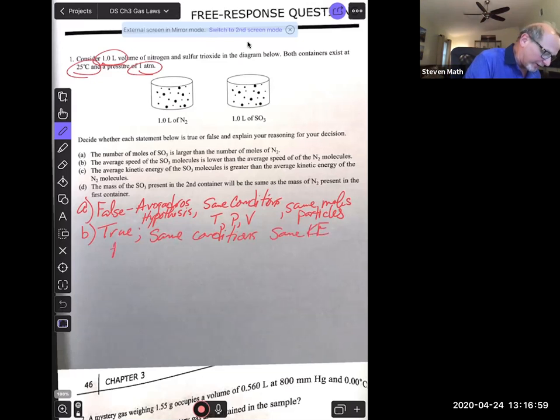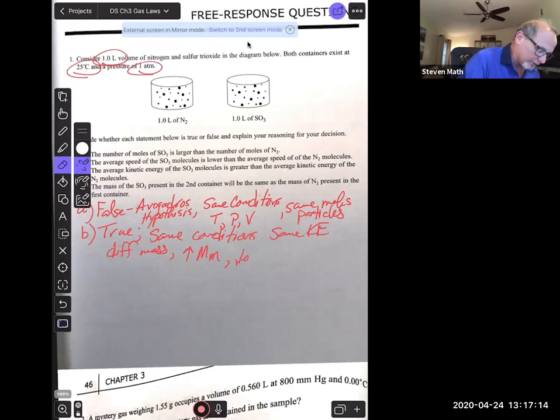And if they have a different mass, then the higher molar mass would have a lower, now let's be consistent here, Steve, a lower velocity. That's absolutely true.